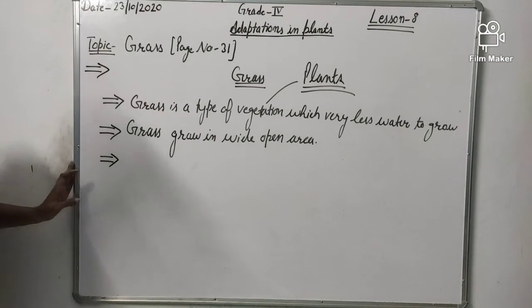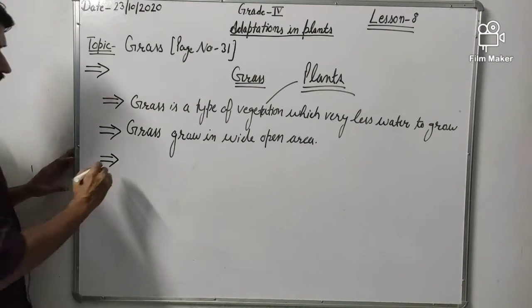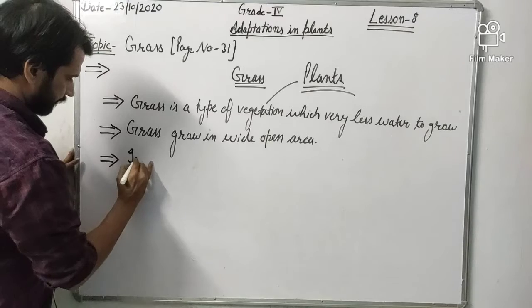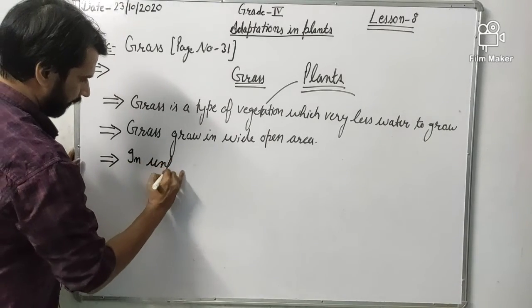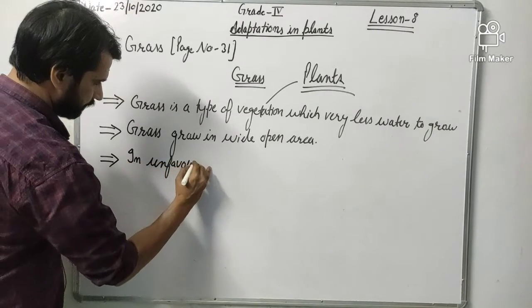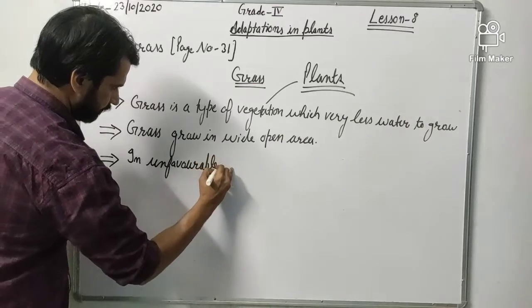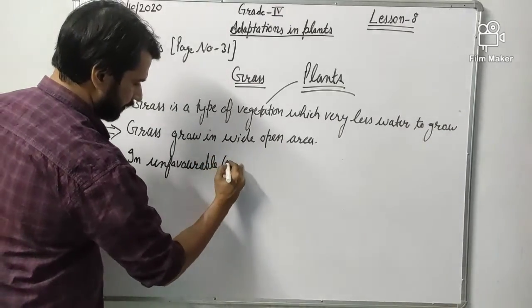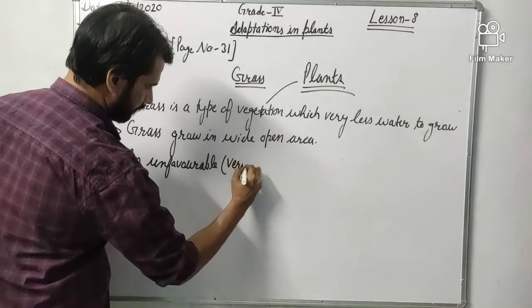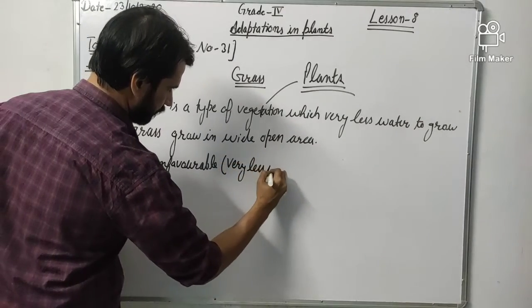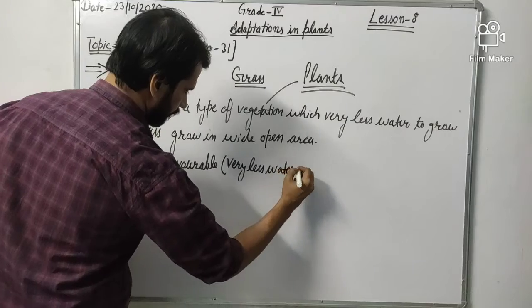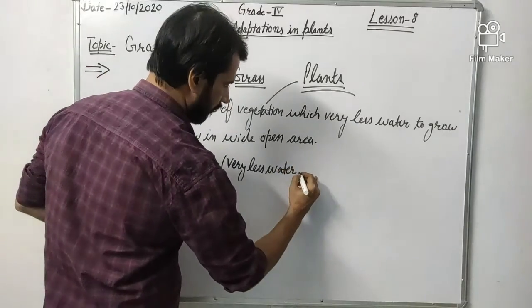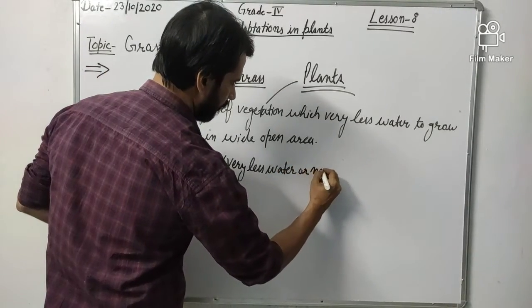Third one is in unfavorable conditions. Unfavorable means very less water, or no water.